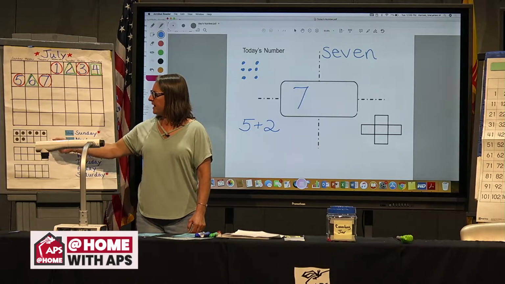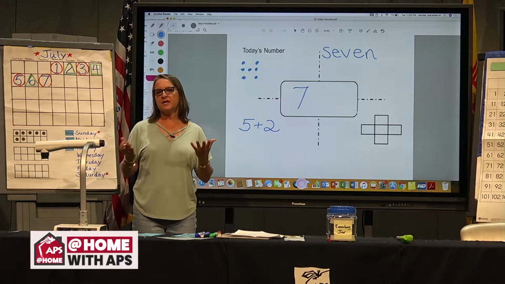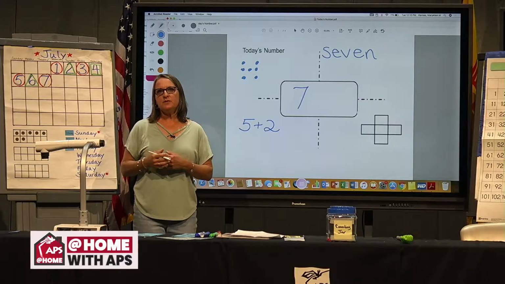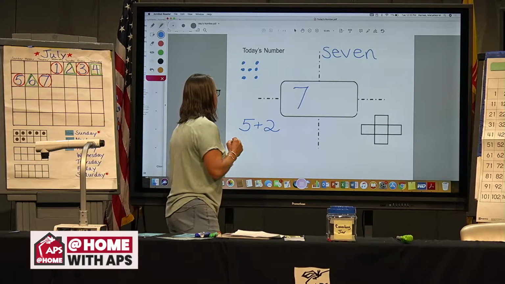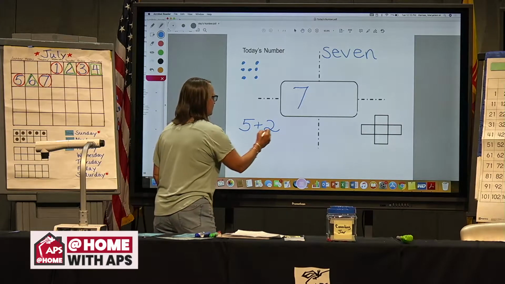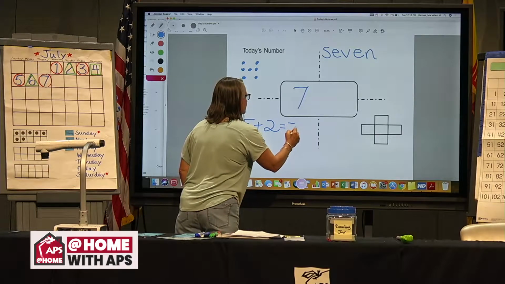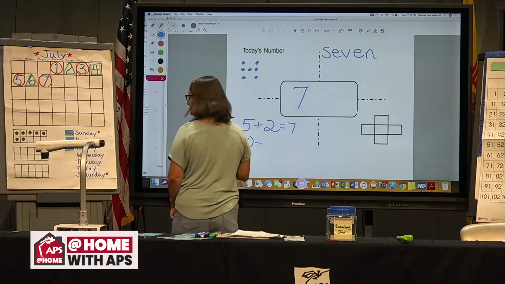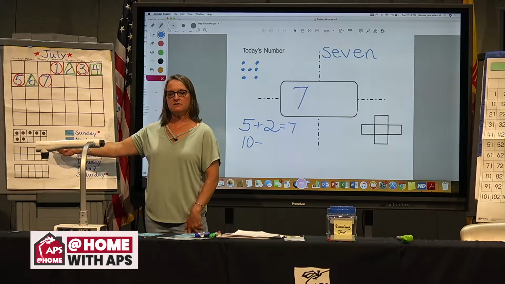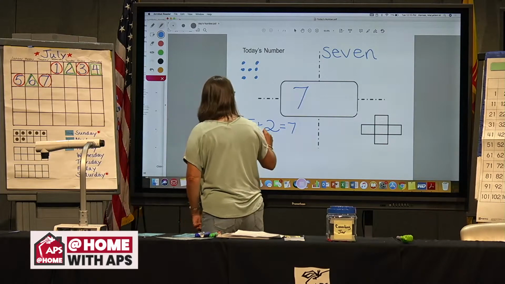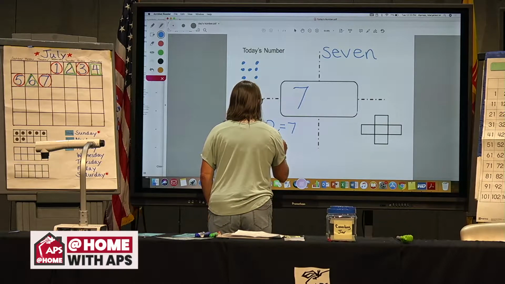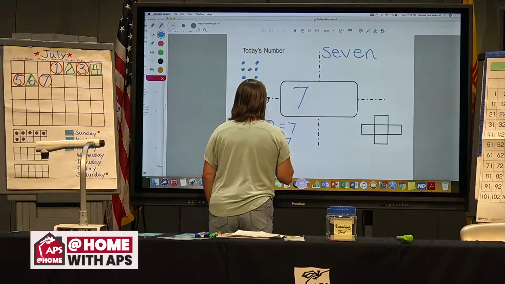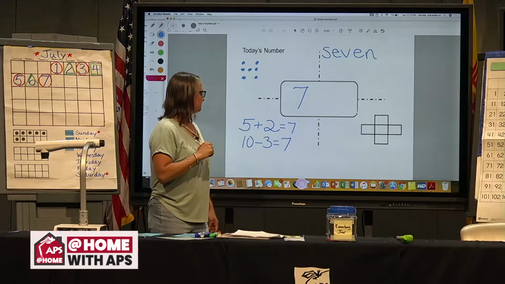What if we think about 7 compared to 10? How many more do we need for 10? We could write that as a subtraction problem, right? That would equal 7. 7 is 10 minus, how many are missing here? 3. 10 minus 3 would also give us 7.